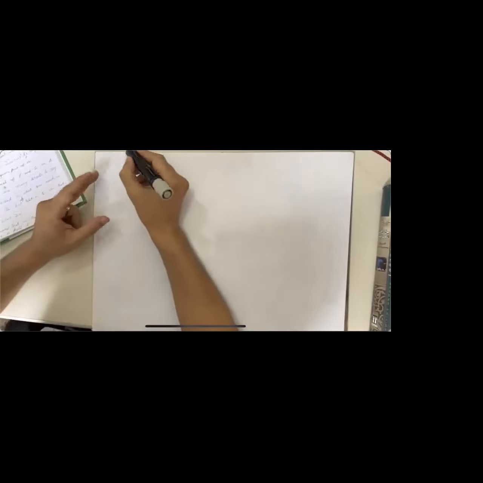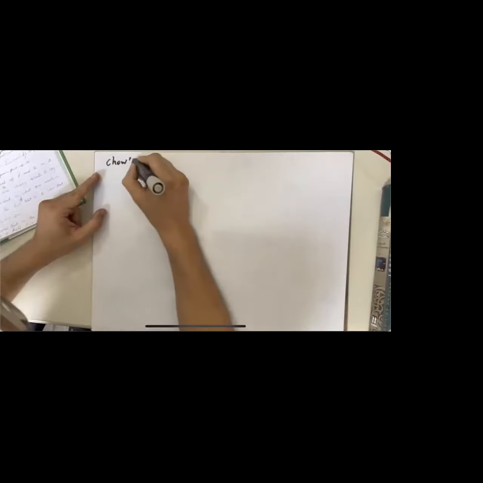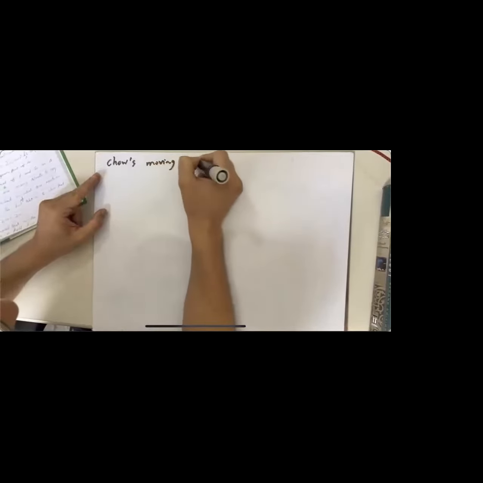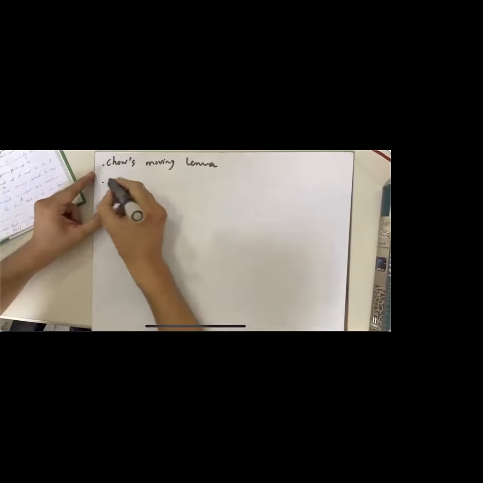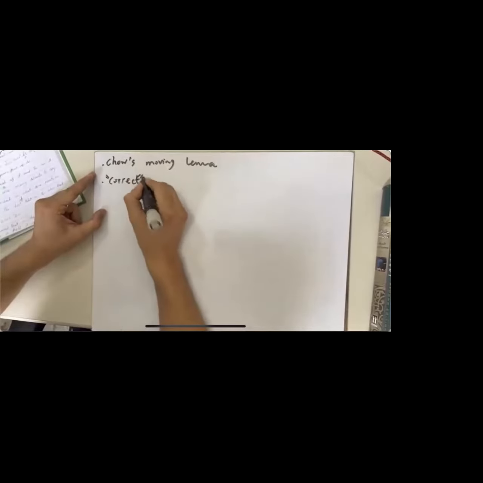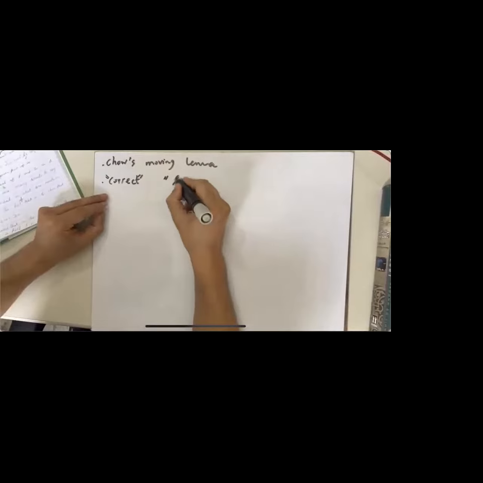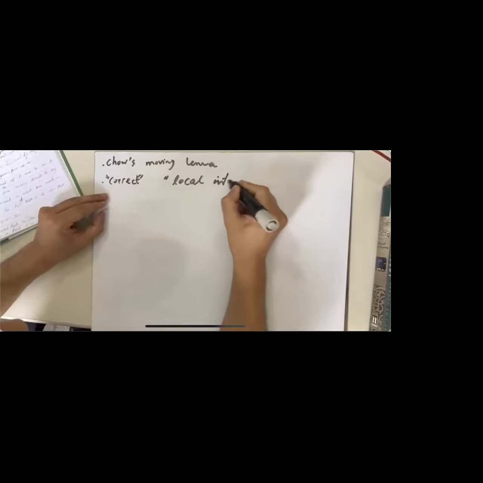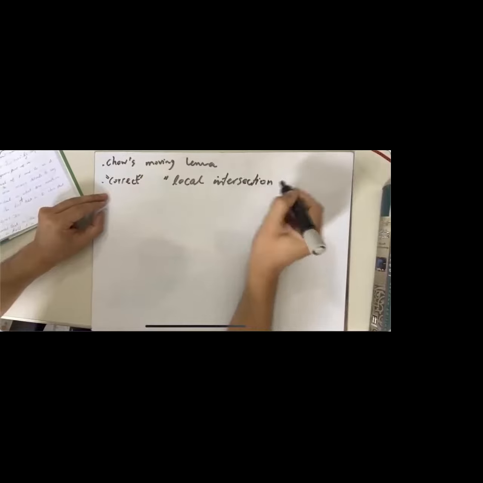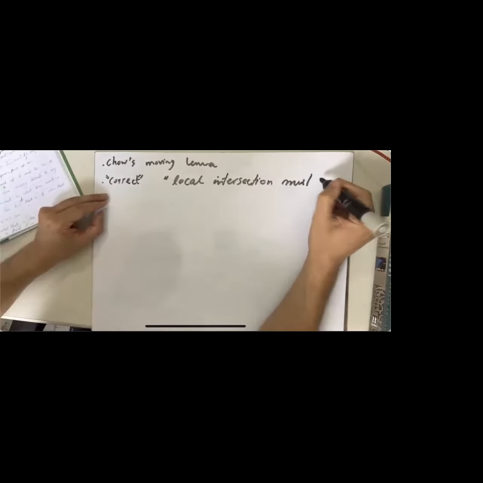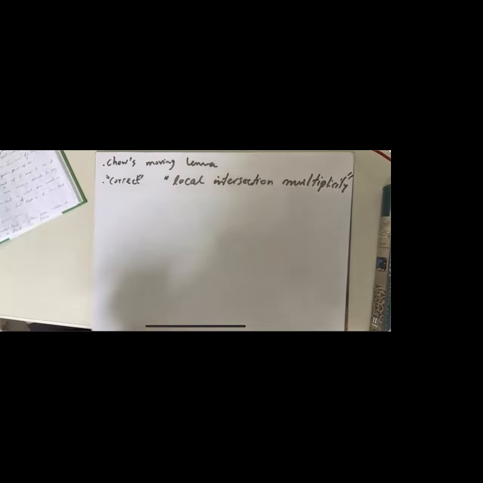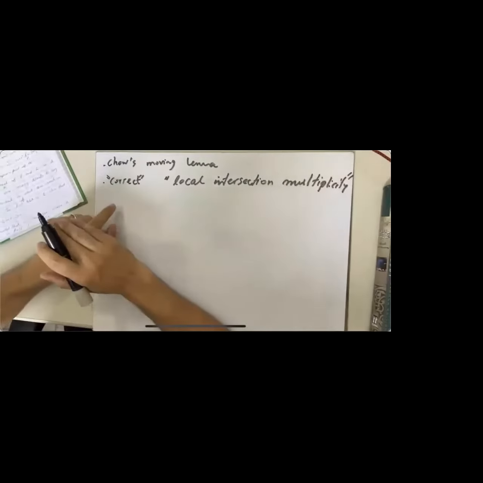One of them is the Chow moving lemma, and the other is the correct definition of local intersection multiplicity. So these two things are the main ingredients of today's intersection theory.